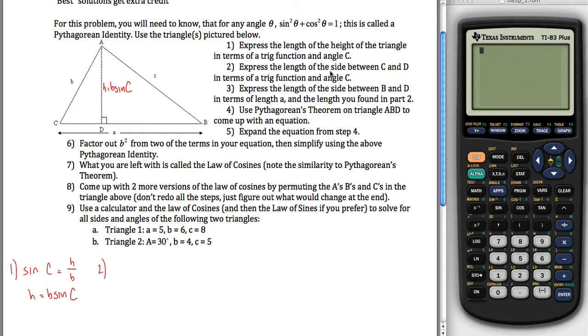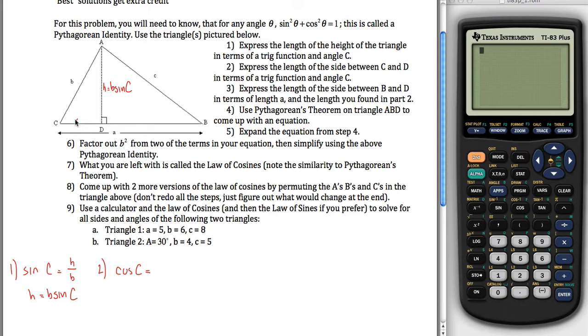Number 2, express the length of the side between C and D, this thing right here, in terms of angle C. Well, I can use cosine. I know that the cosine of C would be equal to this.